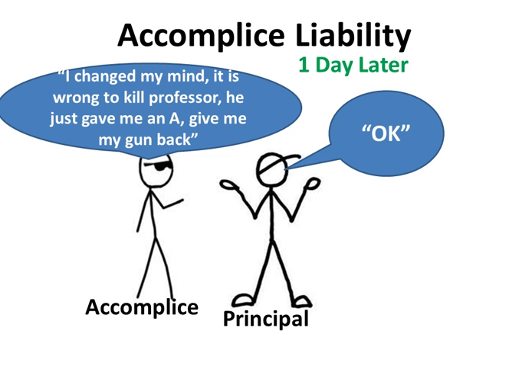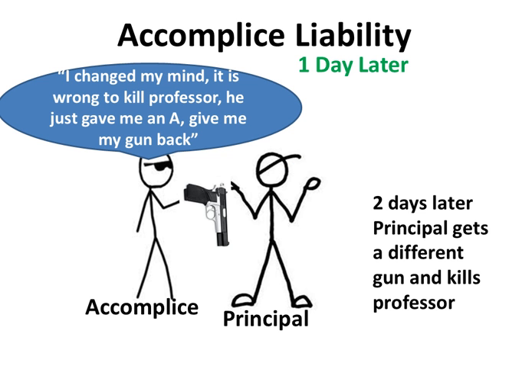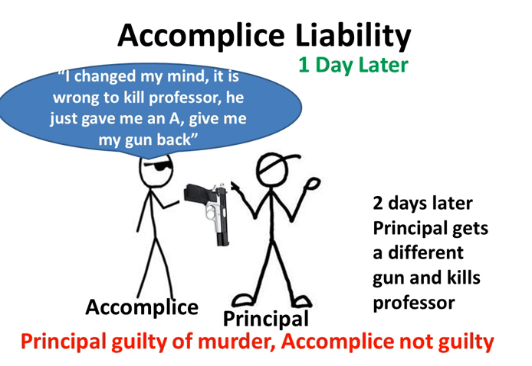And the defendant gives the principal the gun back. But 2 days later, the principal gets a different gun and kills the professor. So now the principal is guilty of that murder, but the accomplice now has the defense of withdrawal and would not be guilty as an accomplice to that murder because they took back the aid that they had provided.